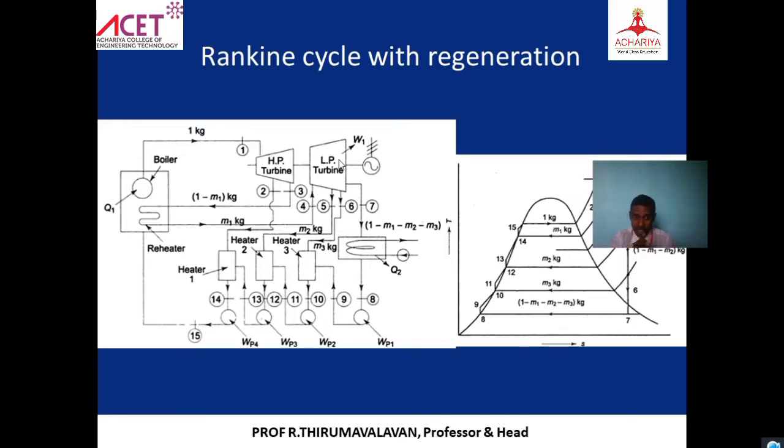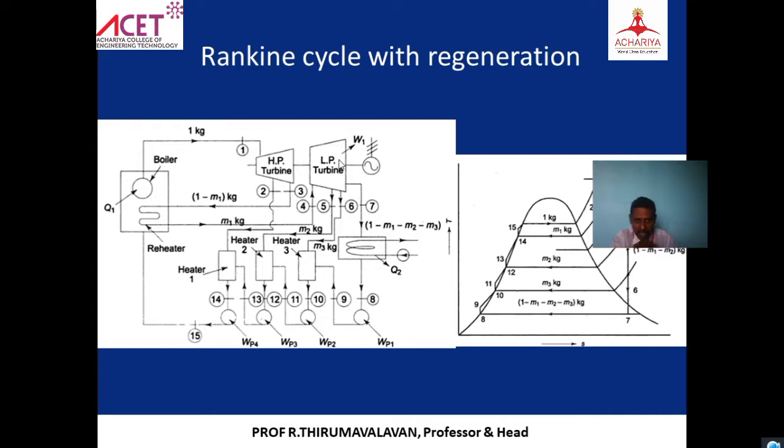In the high pressure turbine, we are taking steam at only one point for regeneration and one for reheating. Listen carefully: in the high pressure turbine I am taking steam at point number 3 as well as point number 2. Point number 3 is going for reheating, and point number 2 is for the regeneration process.